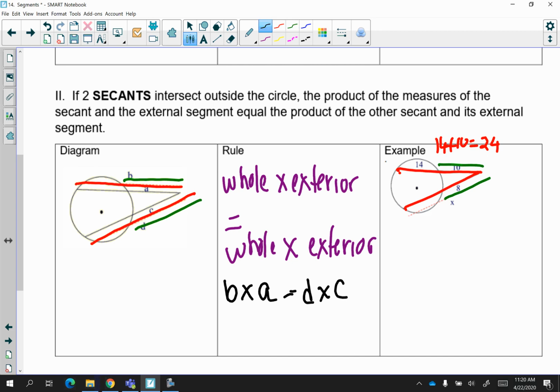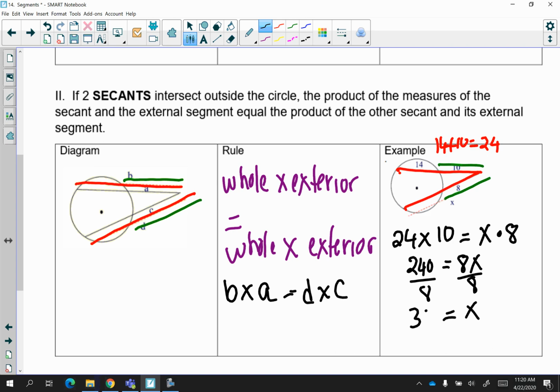The whole 24 times the exterior 10 is equal to the whole X times 8. Quickly do the math. 240 is equal to 8x, divide by 8, and x is equal to 30.